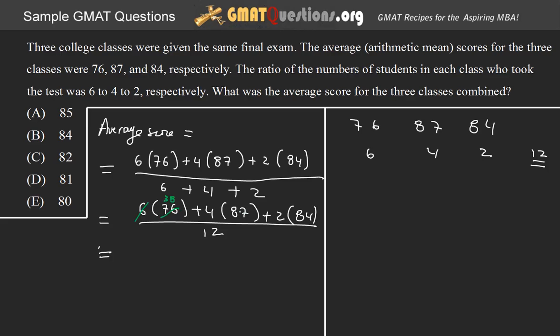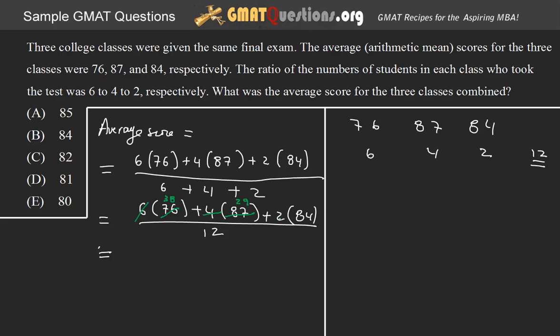That's the number property concept, divisibility rules. 87 divided by 3 is 29. 29 times 3: 20 times 3 is 60, 9 times 3 is 27, and you add them, you get 87. So I'm gonna take out this and put 29.